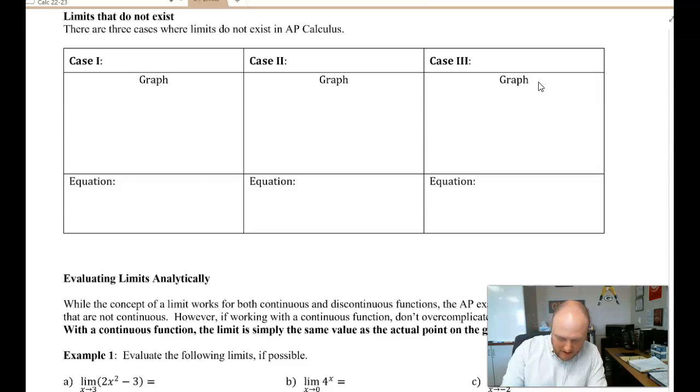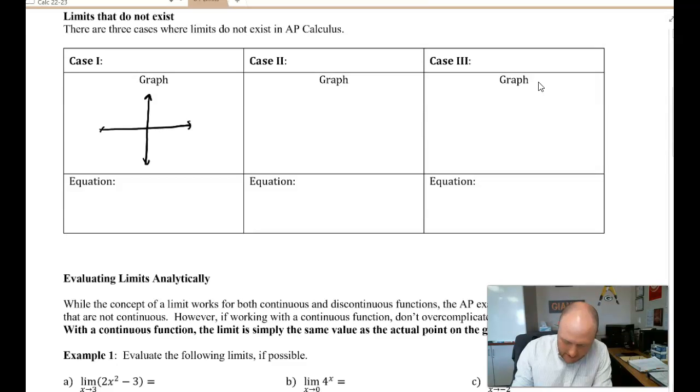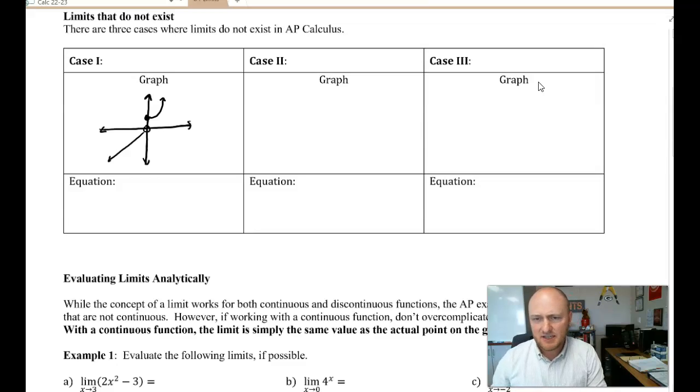The first one that is extremely common is when we have a jump discontinuity. And we have already seen examples of this, specifically the topic that we talked about last lesson, which is piecewise functions. So here's a graph and an example where the limit does not exist at 0, and this is a piecewise function.